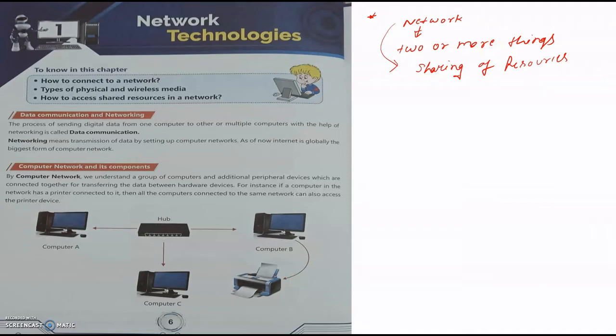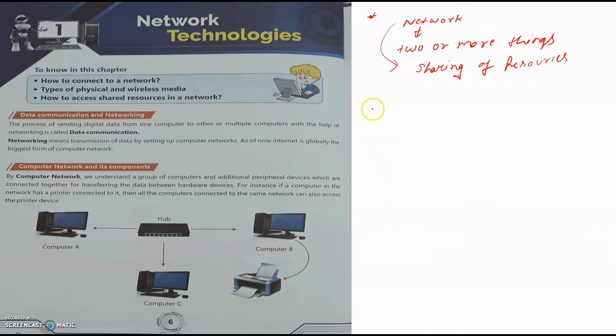Some persons are sitting in a room, so they are creating a network, and suppose one person is sharing some data from its end to the other end. So network is basically a combination of two or more things that are connected with each other for sharing of resources.